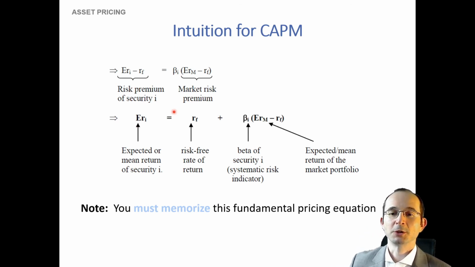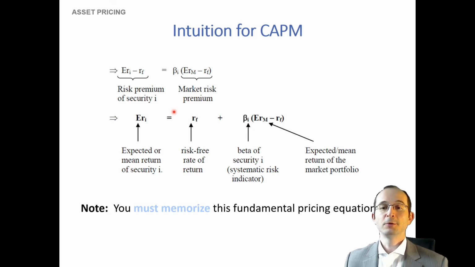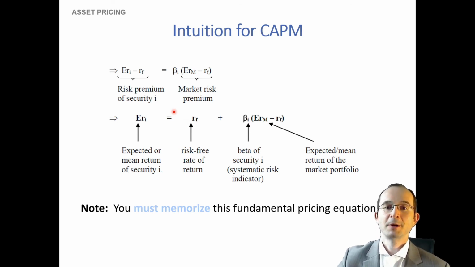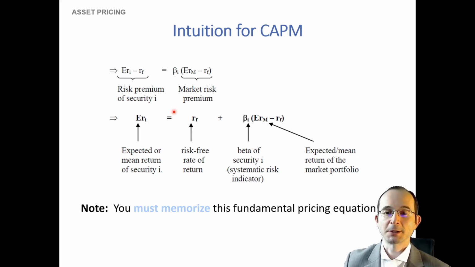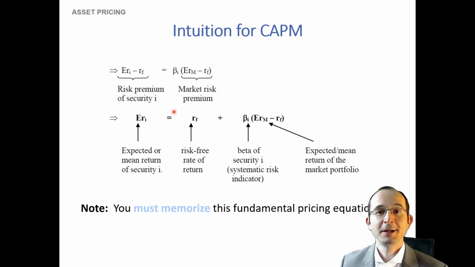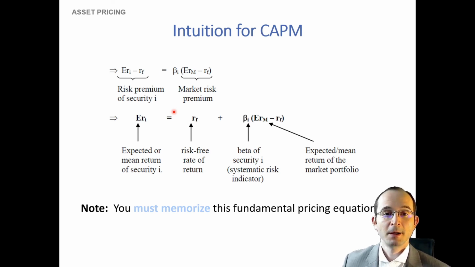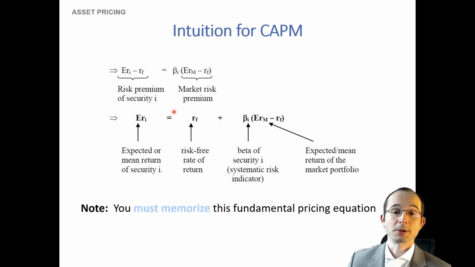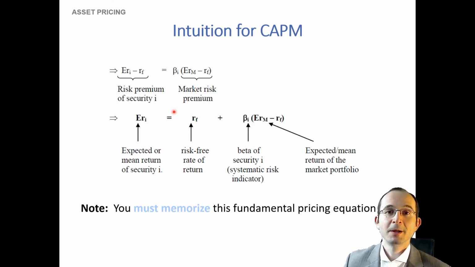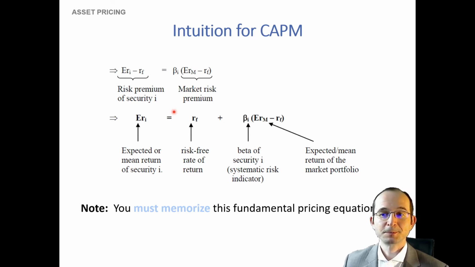So this shouldn't be viewed as a formal proof, of course. This is simply the intuition for why the CAPM is expected to hold, based on the intuition from the single index model that risk and return are proportional to each other. But I strongly encourage you to memorize this relation, mostly because it'll help you build understanding for how risk and return works.